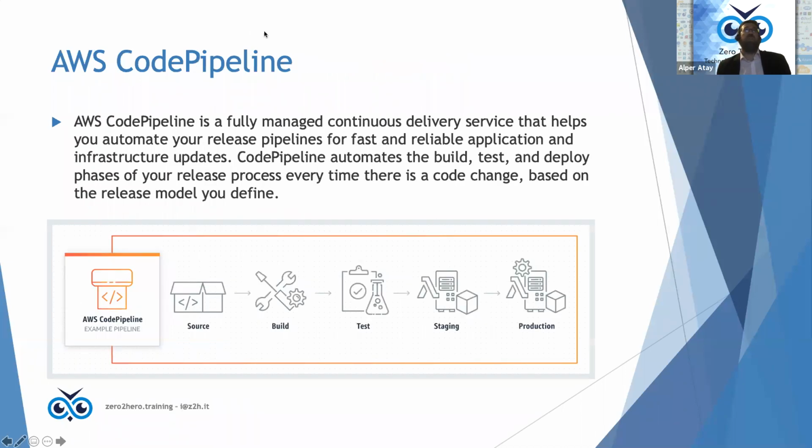automate it as well. So AWS has some components as well for continuous integration. One of them is AWS CodePipeline.